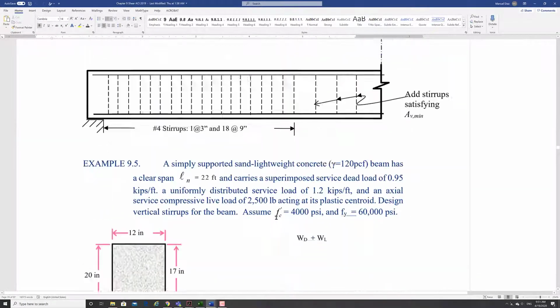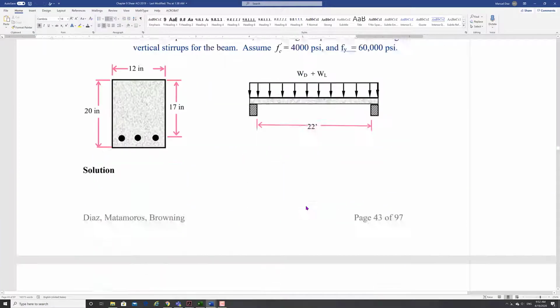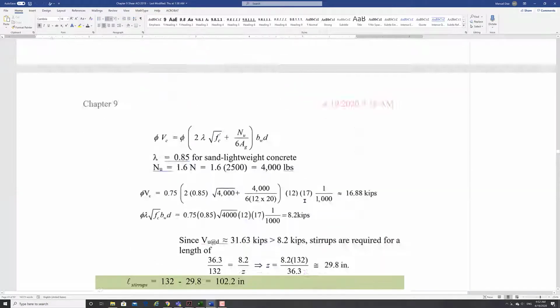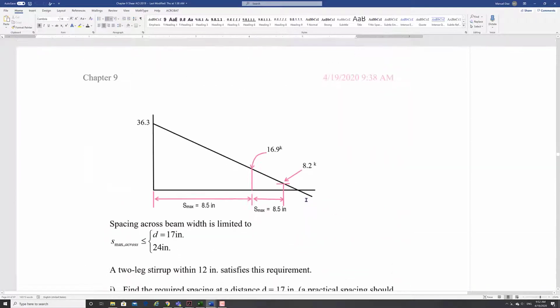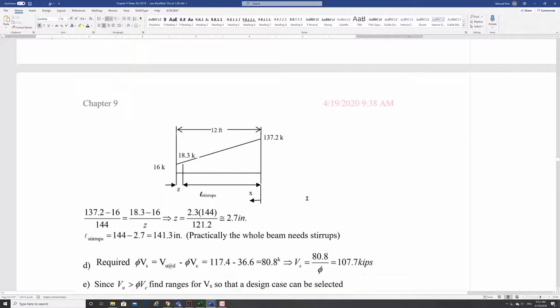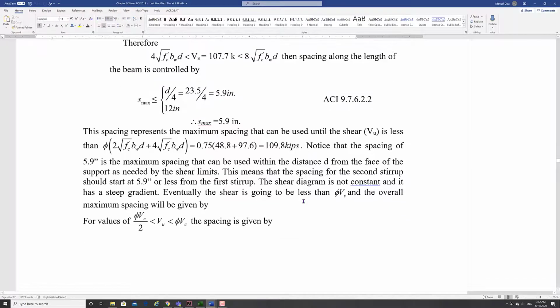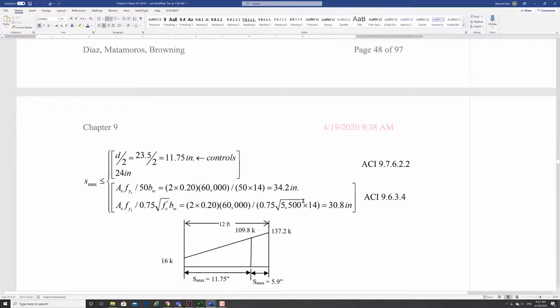But let me see, what is this one? No, that's very similar to what we have already done. And the point load, we did that with the point load on the cantilever. The important thing about cantilever, don't forget, is that when you find your number of stirrups and you do your spacing, you don't want to go past the length of the cantilever, right?